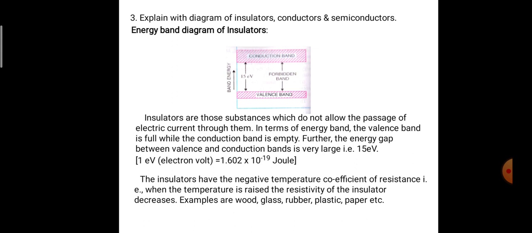Further, the energy gap between valency and conduction bands is very large, that is 15 eV. The insulators have a negative temperature coefficient of resistance, that is, when the temperature is raised, the resistivity of the insulator decreases. Examples are wood, glass, rubber, plastic, paper, etc.